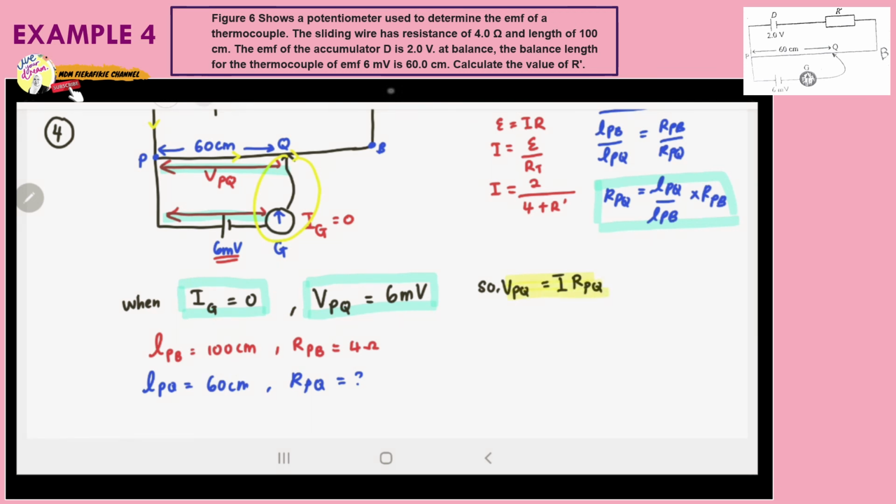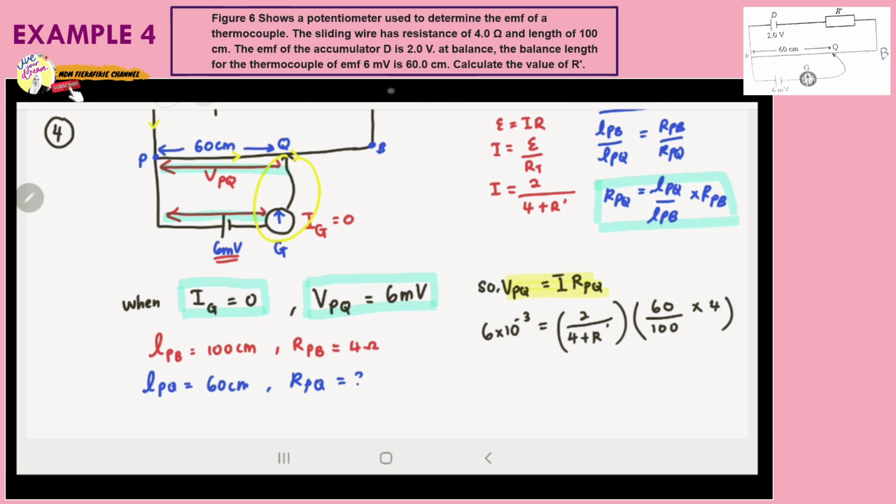Now let's substitute. VPQ is 6 millivolt, and I is 2 over 4 plus R prime, and RPQ is LPQ, where LPQ is 60 centimeter, over LPB, which is 100 centimeter, times RPB, where RPB is equal to 4 ohm.